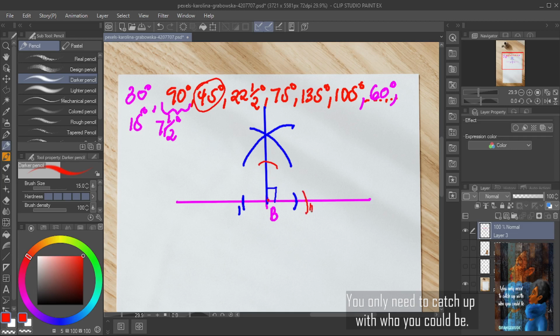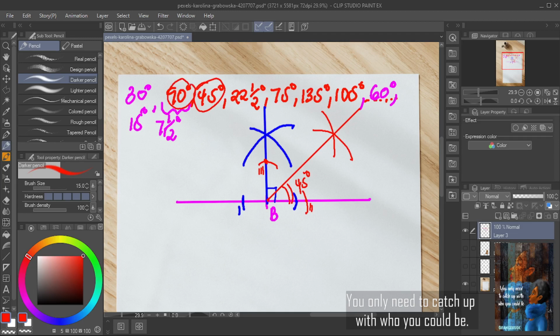Then standing at point 2, I make an arc that way. Then standing at that point 3, I make another arc, the same distance as from point 2 that way, and then I draw a line passing through that particular point. That way I'll have this angle as 45 degrees.